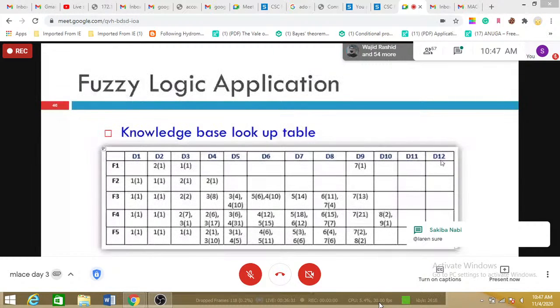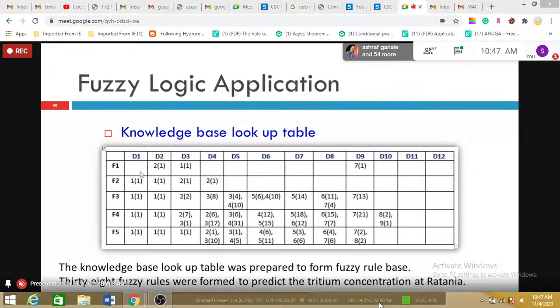And if flow is 1 and discharge is 1, this condition never happens at all, so I did not get any concentration at Ratania regulator. You see, these values inside this matrix are the concentration set. Concentration set I made of how many triangles? 12 triangles. So I have the triangle number where the concentration lies based on the condition of discharge and flow.